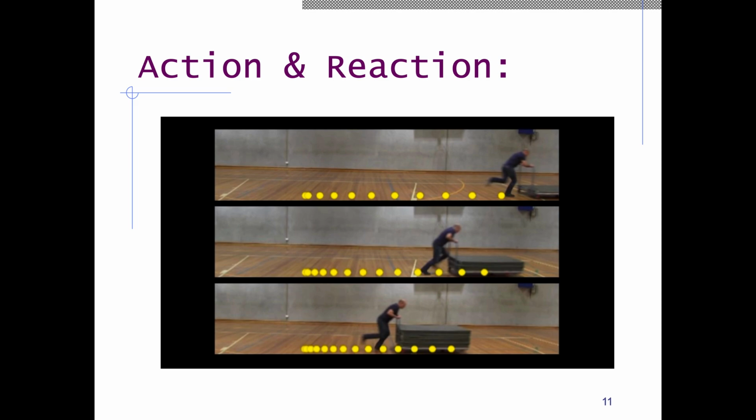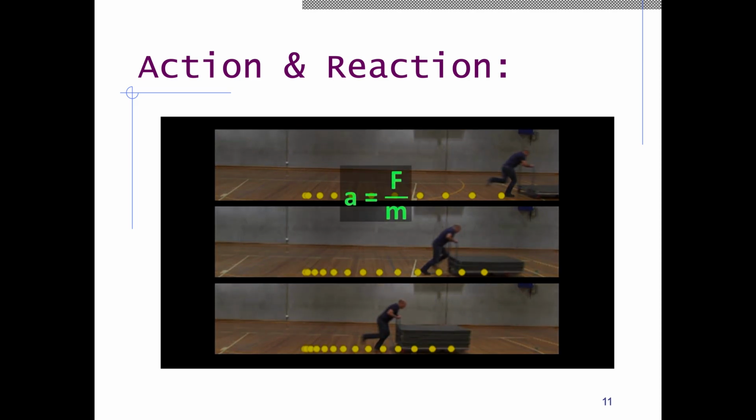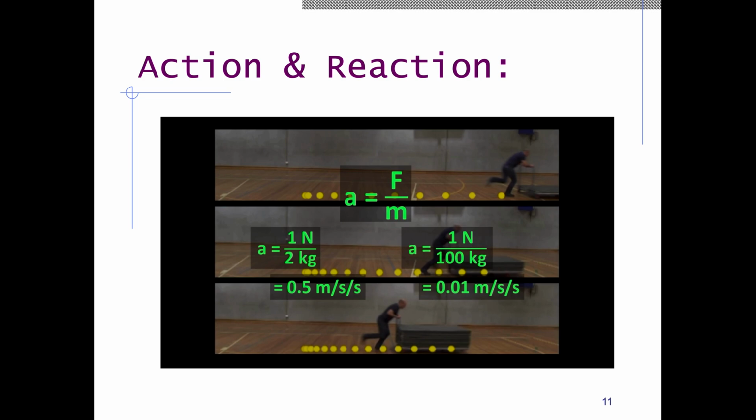If we rearrange the formula, we get a equals F over m. For example, if a force of 1 Newton is applied to a 2 kilogram mass, its acceleration will be 0.5 meters per second. But if a 1 Newton force is applied to a 100 kilogram mass, its acceleration will only be 0.01 meters per second.